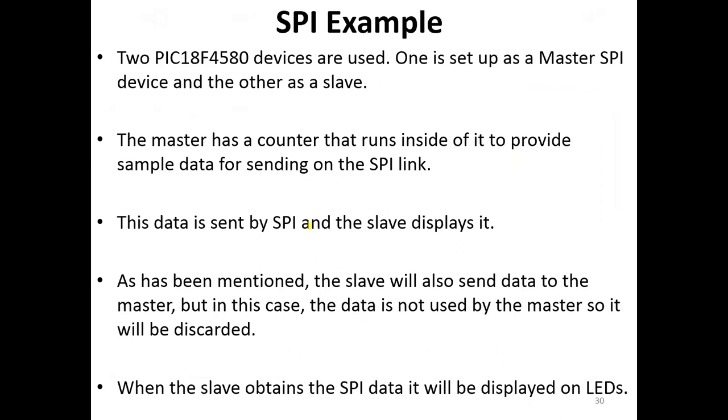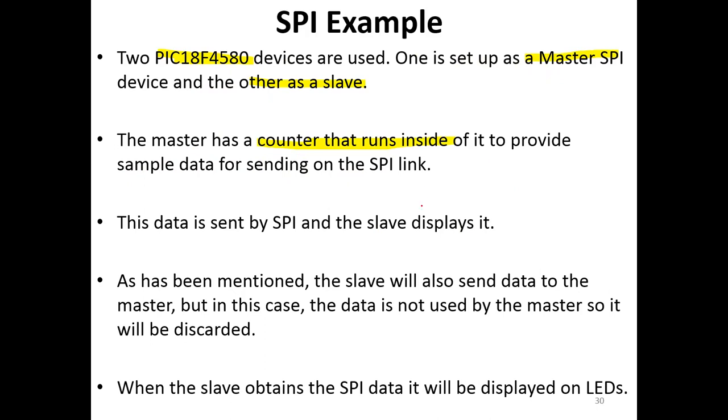So let's see an example. We have to use two PIC 18 4580. One is set as a master, the other as slave. So how does this connection work? The master has a counter that runs inside of it and provides sample data for sending to the SPI link.